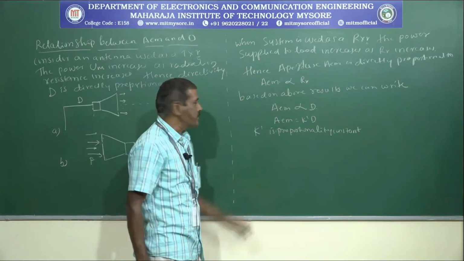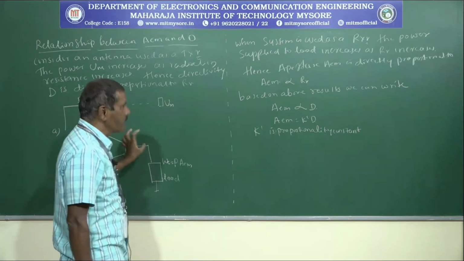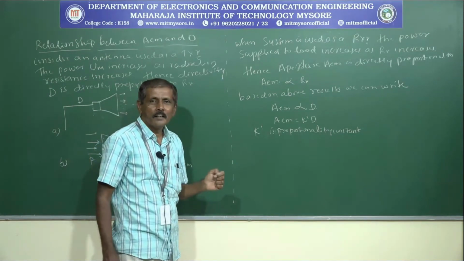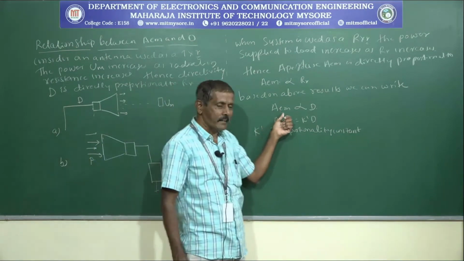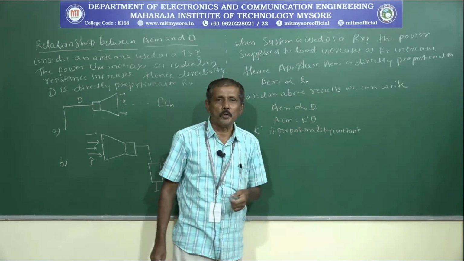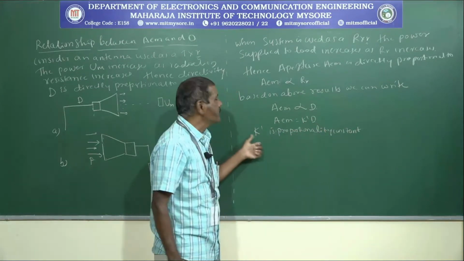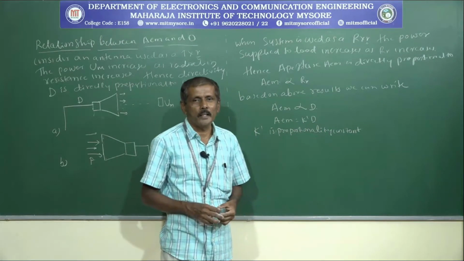Now, based on the above results, that is based on the transmitting antenna and the receiving antenna, we can write AEM is directly proportional to D, or AEM equal to K dash into D, where K dash is the proportionality constant.